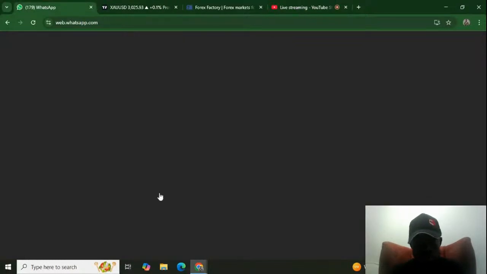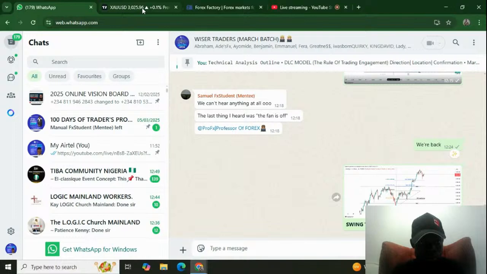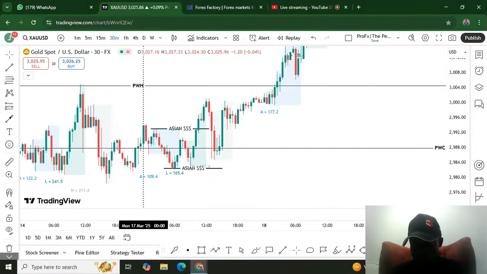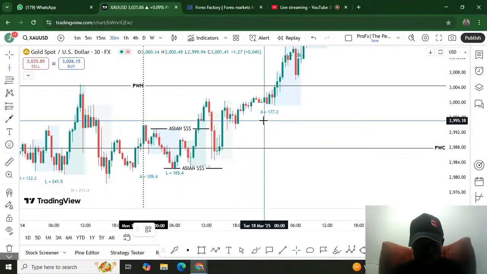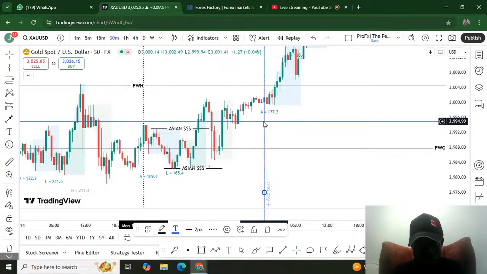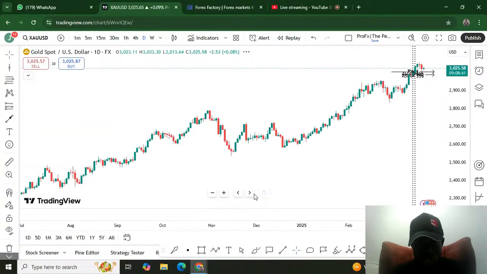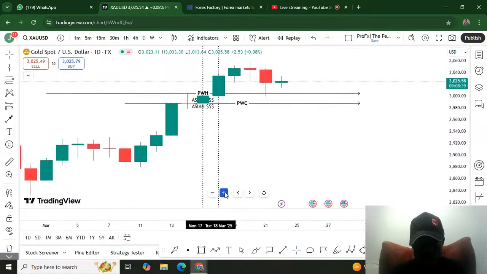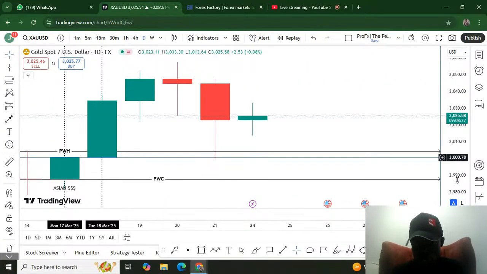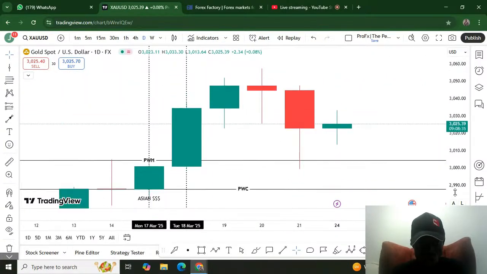Then Tuesday, let's go to Tuesday. So how did Monday close? Monday closed bullish. So if Monday is closing bullish, what did we do?